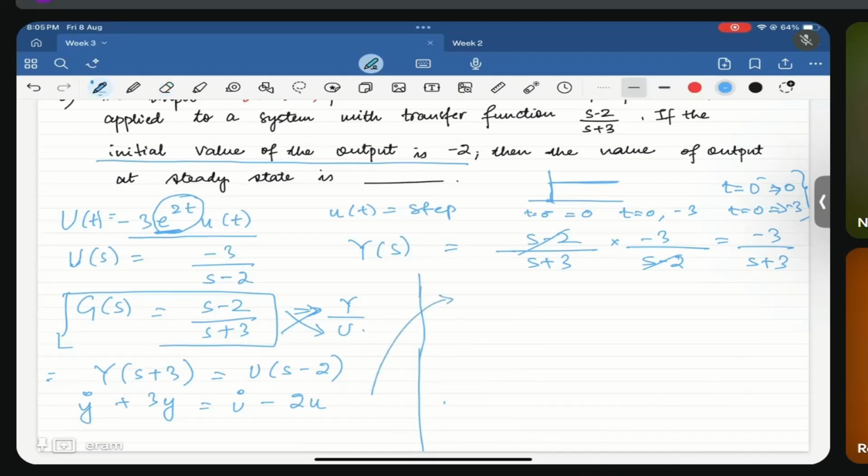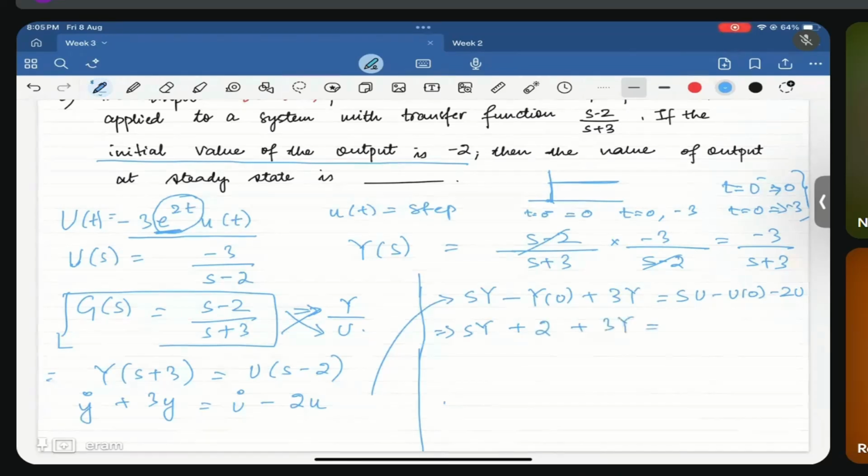Okay, so sY minus y0 plus 3Y and sU minus u0 minus 2U. So it is sY, y0 is -2, and 3Y, it is sU, we are considering u0 as -3, so minus minus, plus, minus 2U, right? Now we will take the Y terms (s plus 3) and U terms (s minus 2), and 3 minus 2 is 1.